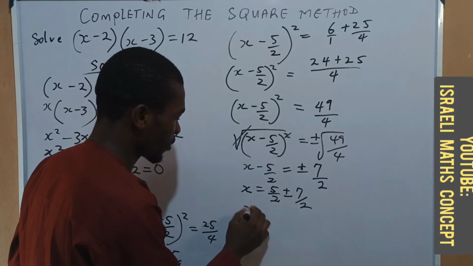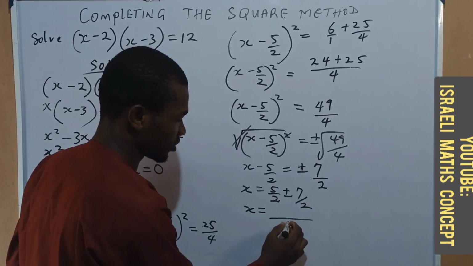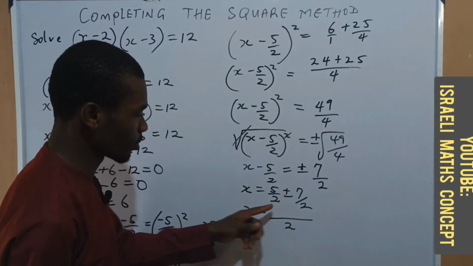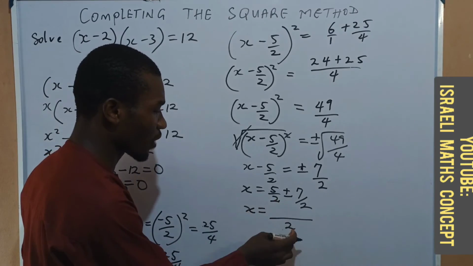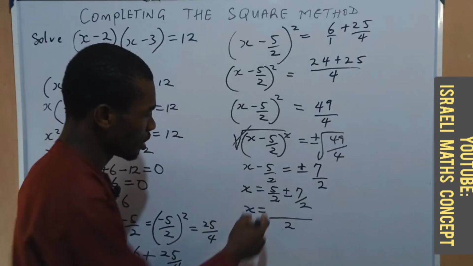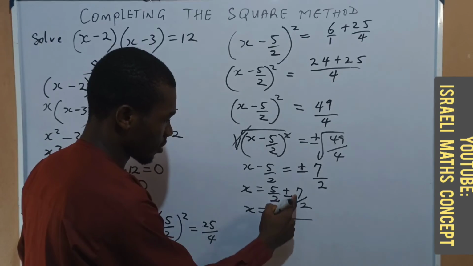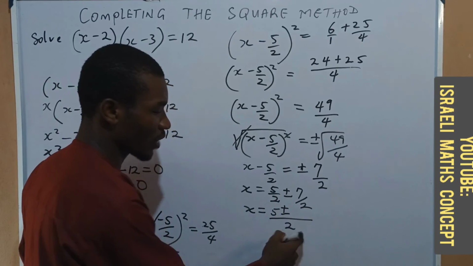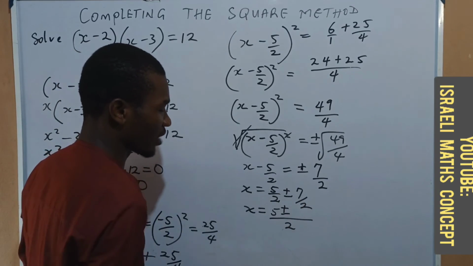Then we now have x is equal to, LCM of 2 and 2, of course, is still 2. That is the LCM of the denominators, which are 2, is still 2. Such that 2 divided by 2 is going to give us 1, and 1 multiplied by 5 is 5. Then plus or minus 2 divided by 2 is going to give us the same 1, and 1 multiplied by 7 is still 7.